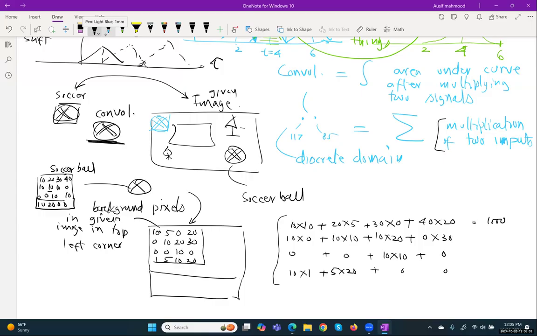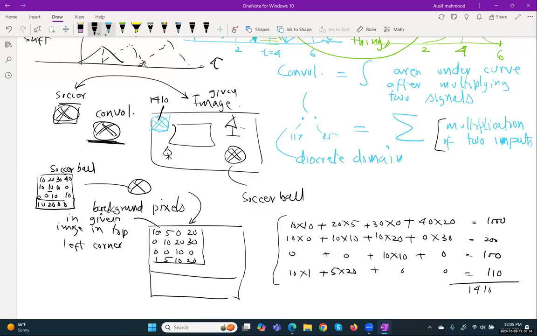Second row, this is 0, 100, 200, then 100 here, then 110 over here. If I add everything up, it comes out to roughly 1,410. So that will be the convolution at this point, 1410.